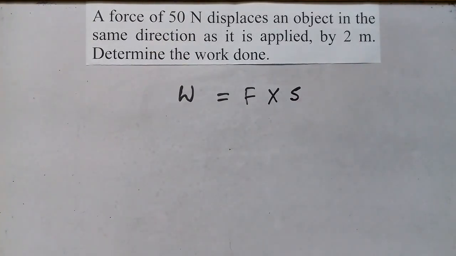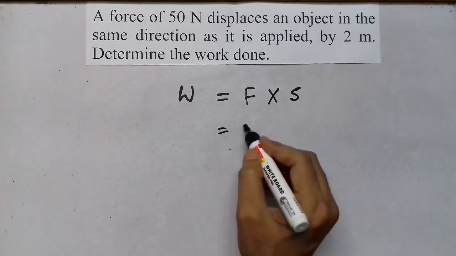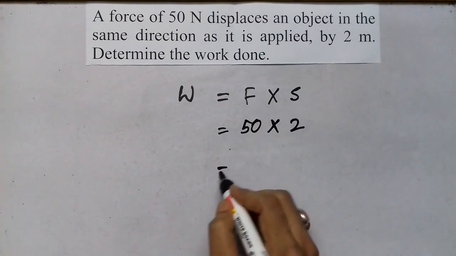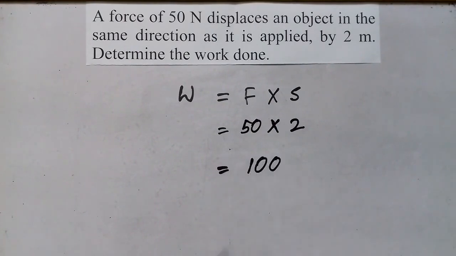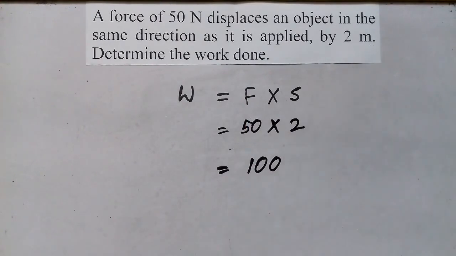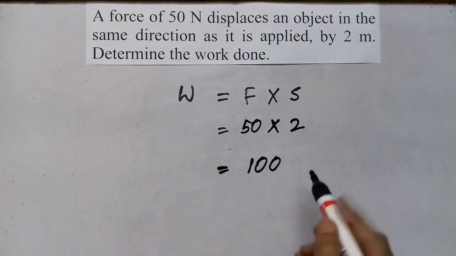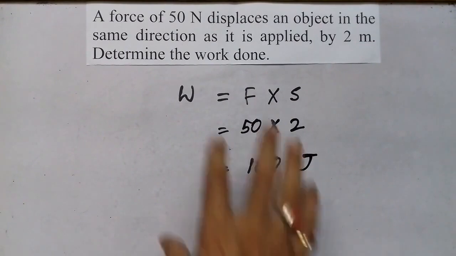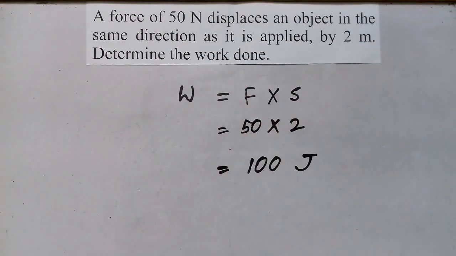So if you put the values, 50 multiplied by 2, 100. Newton and meter both are given in SI unit, so work done will be 100 joule and no need to convert anything anywhere. This is how we can proceed with these types of word problems.